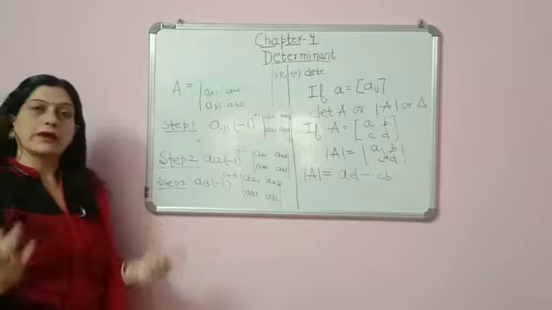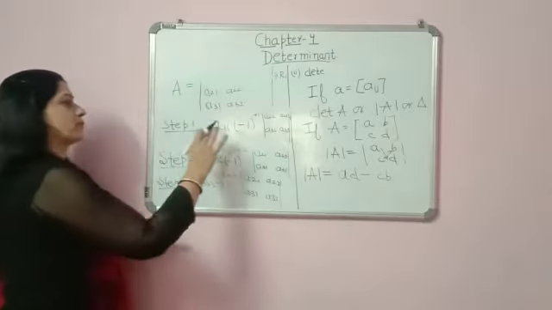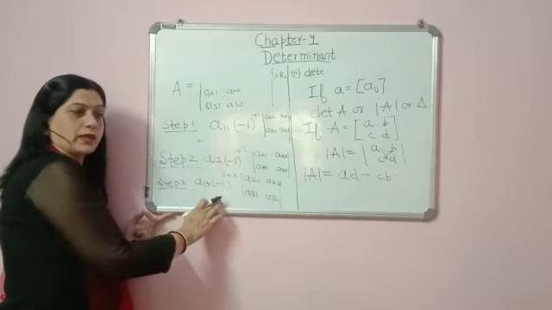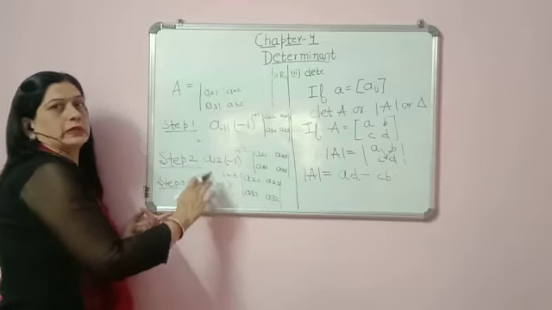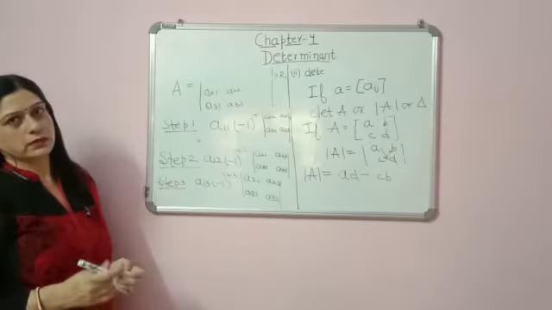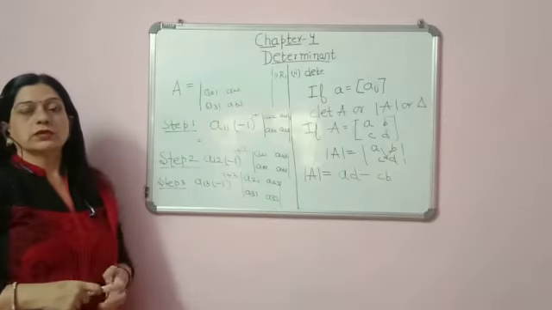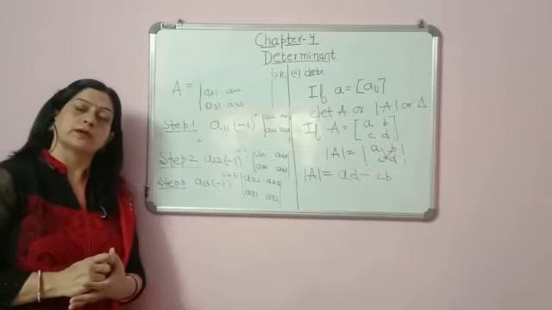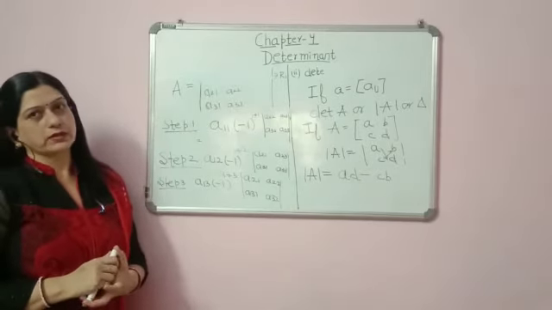So what you have to do, students, is add step 1, step 2 and step 3. This will give you the value of the determinant of order 3. So this was about how to find the value of determinants of order 2 and order 3.